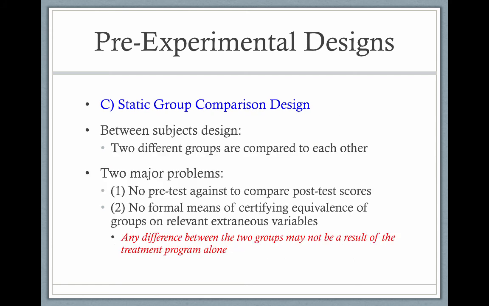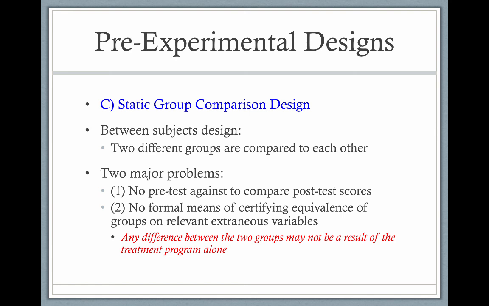That was a between subject design because we were looking at two groups, because we had the control group. But the major problems in this test were no pretest against which to compare post-test scores, and no formal means of certifying equivalence of the groups on relevant extraneous variables.